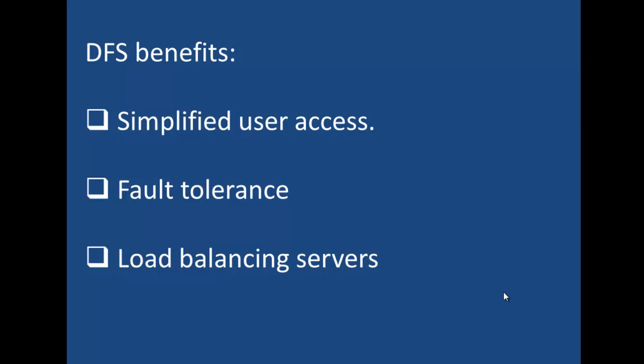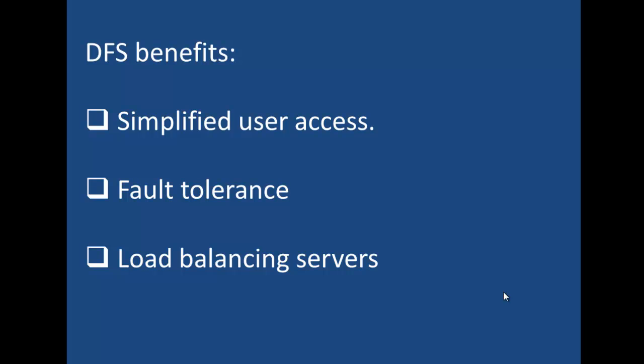So instead of the user accessing the share directly from the server in Trinidad, in Barbados, in Guyana, or any other Caribbean island, the user will access that shared folder, which would really be a link to the backend share folder on the main server in Barbados. Then we also have fault tolerance.